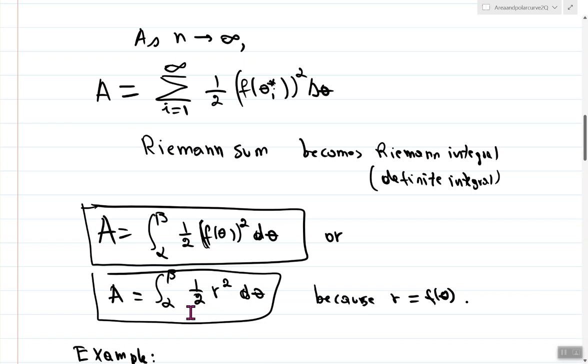That's what you're going to integrate from alpha to beta. So here is an integral that doesn't have a derivative in it. To find the area of a polar region, you integrate from alpha to beta 1/2 times f of theta squared.